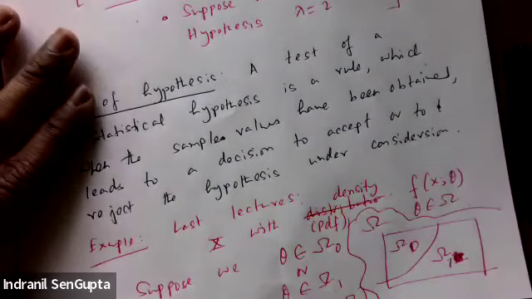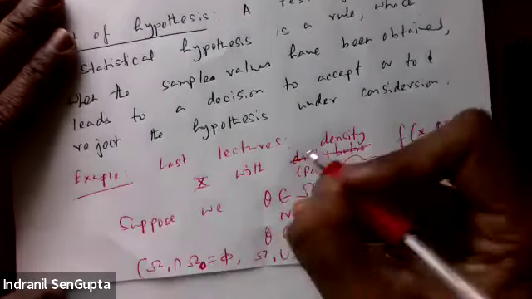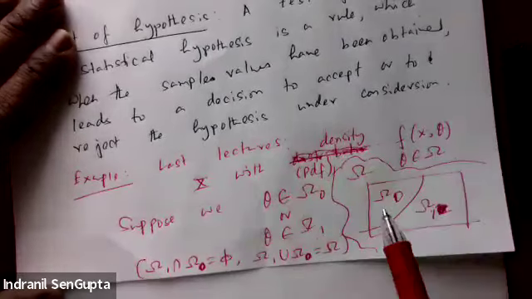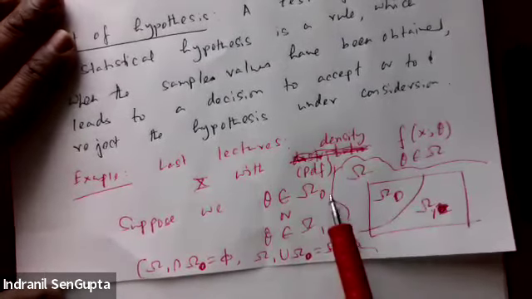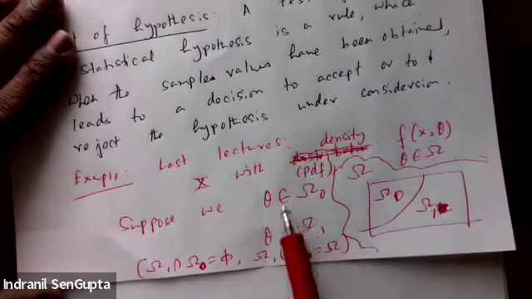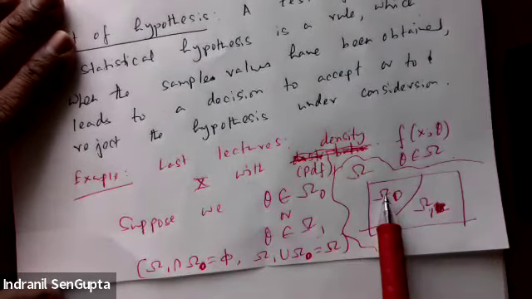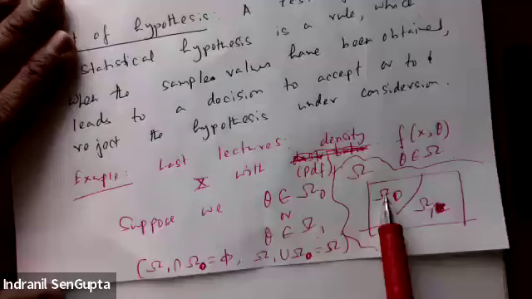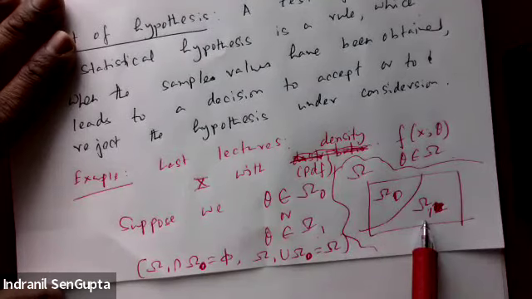Otherwise, it'll be confusing. So suppose this is what we started off with. Suppose we say theta is in omega 0 is our null hypothesis. What will be the alternate hypothesis? Well, theta is not in omega 0, so that means theta ought to be in omega 1.